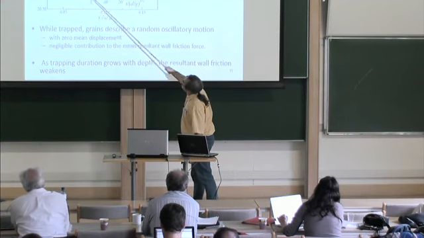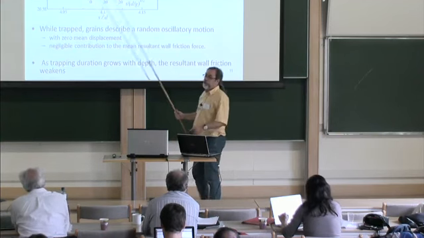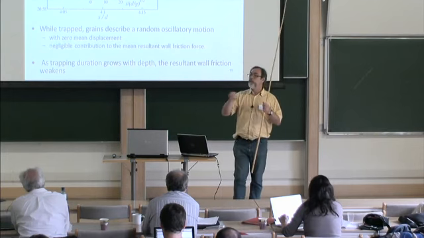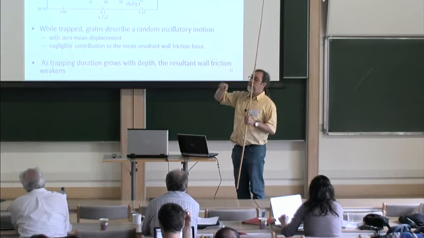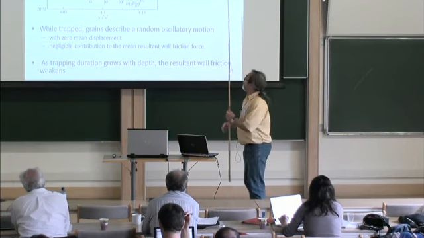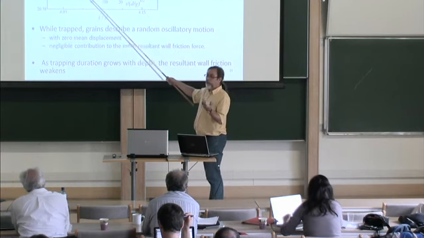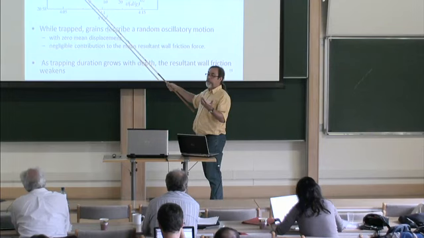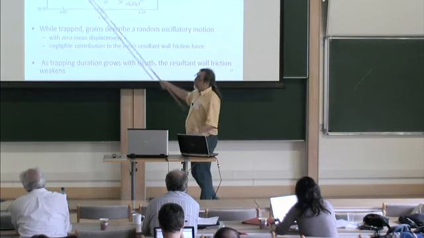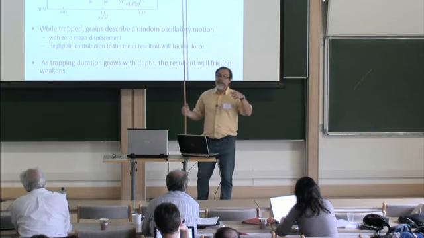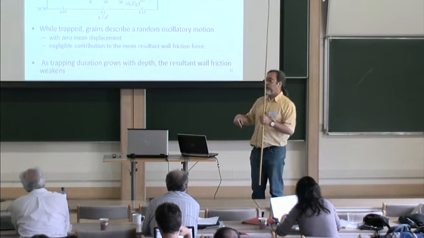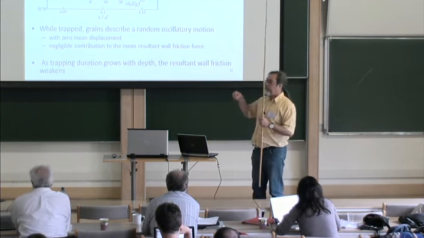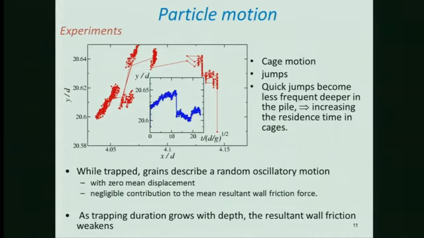So most of the time their contribution is on average 0 because they go everywhere. The average over all these directions gives 0, and only the jumps contribute to the macroscopic friction. And as the time they spend in the cage becomes larger when you go deeper, you have less and less jumps, so less and less contribution to the friction.